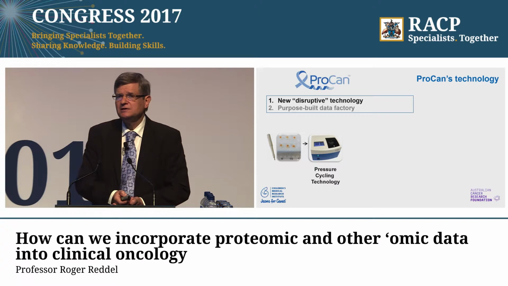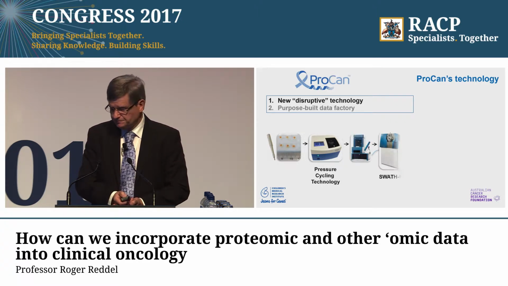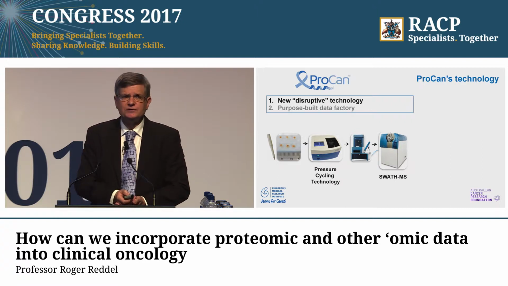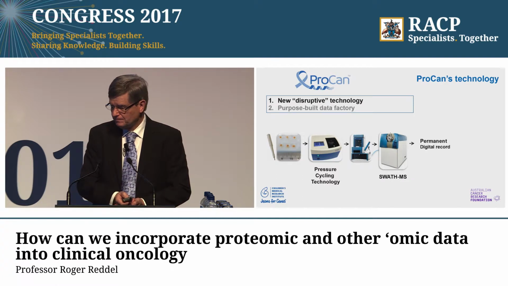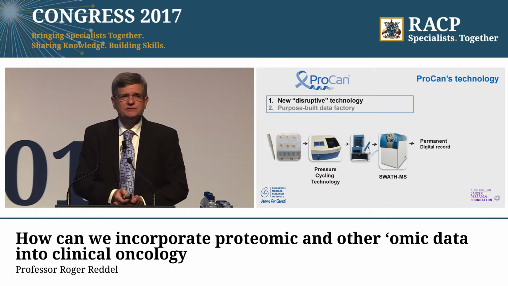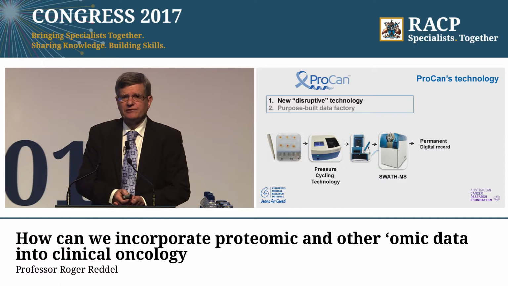So essentially, the sample is liquefied by cycling from 0 to 15 atmospheres in the presence of enzyme digestion. And then that goes through liquid chromatography and goes into a mass spectrometer using a particular type of mass spec analysis that we call SWATH MS. This produces a permanent digital record of the protein content of the tumour.